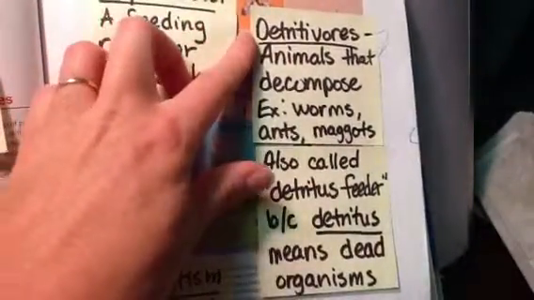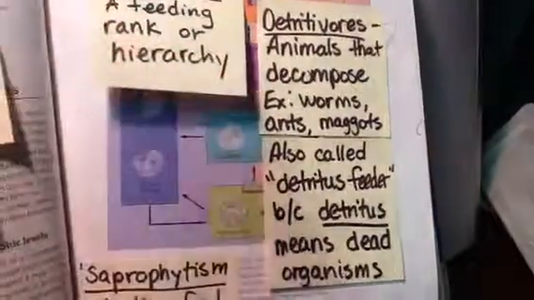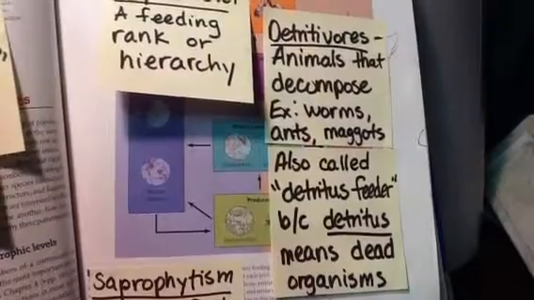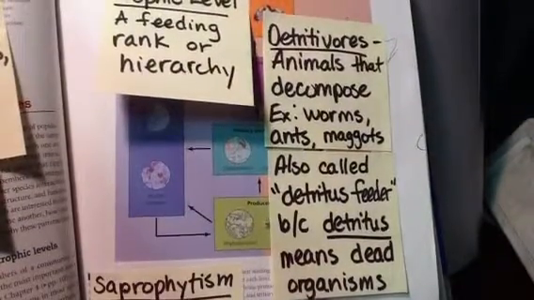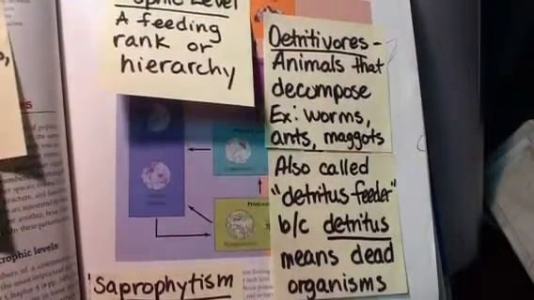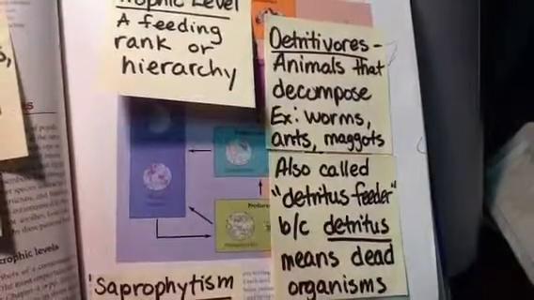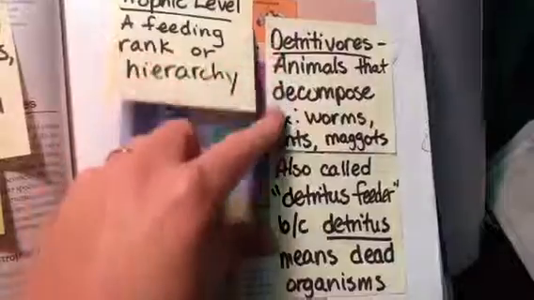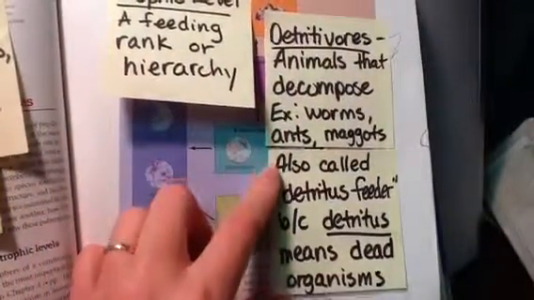Make sure you know the difference between a detritivore and a decomposer. A decomposer is anything that breaks down dead things back into nutrients. An animal that does this is called a detritivore. Worms, ants, maggots.